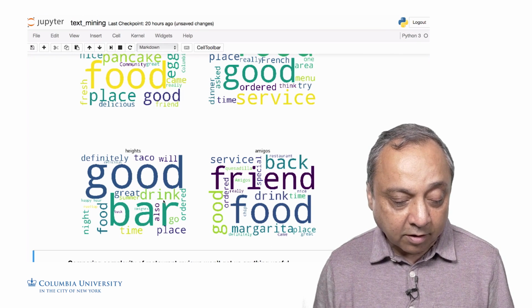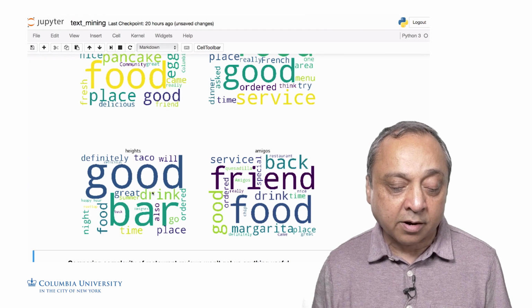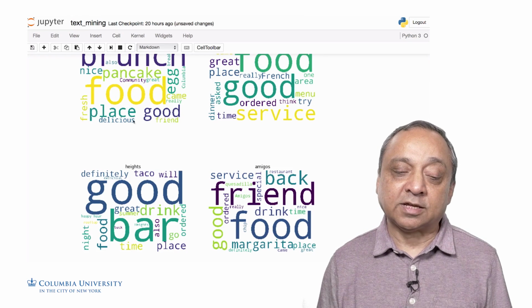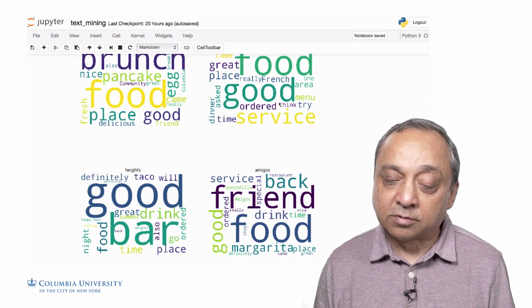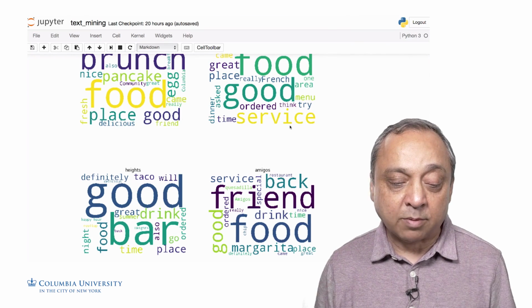So when we look at these things, night, food, bar, we can almost visualize that this place is good for brunch. It has pancakes, brunch food, eggs, that kind of thing. This place also has French food. It says French. People talk about service.